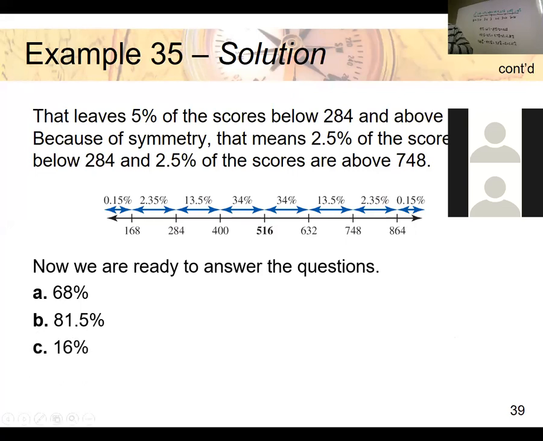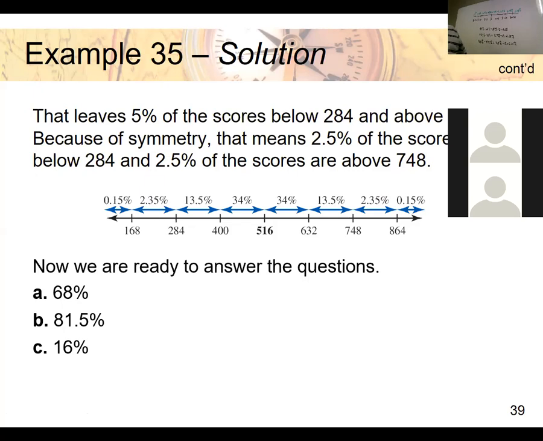Now part C, where it says less than 400. Here's 400 right here. Everything to the left of that is less than 400. So we have to add 13.5%, 2.35%, and 0.15%. If you add those together, you will get 16%. That represents the percentage of students whose SAT score is less than 400.